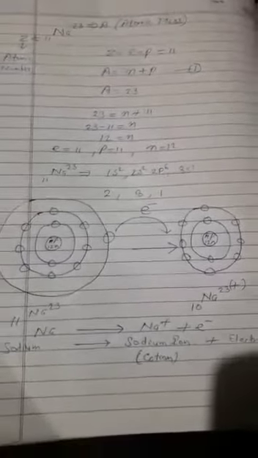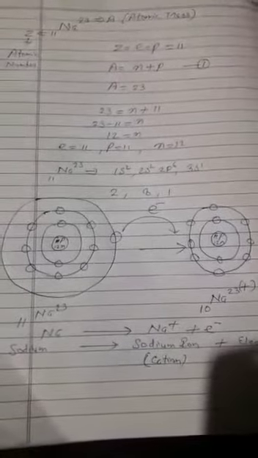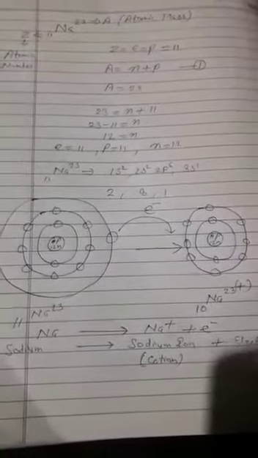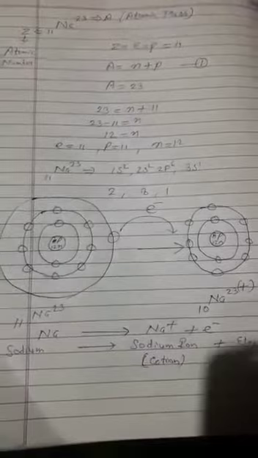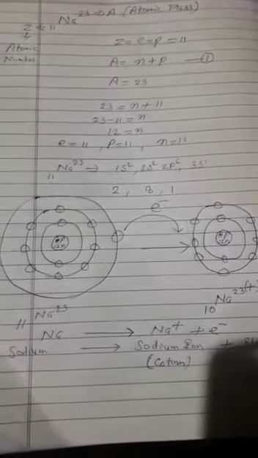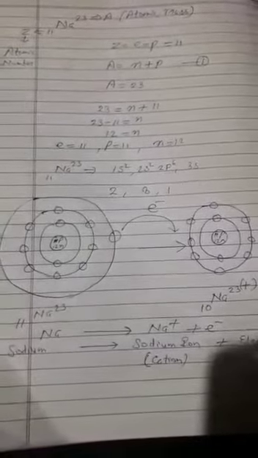Now the question arises in my mind: why is the outermost electron moving? Why do the other electrons inside not move?